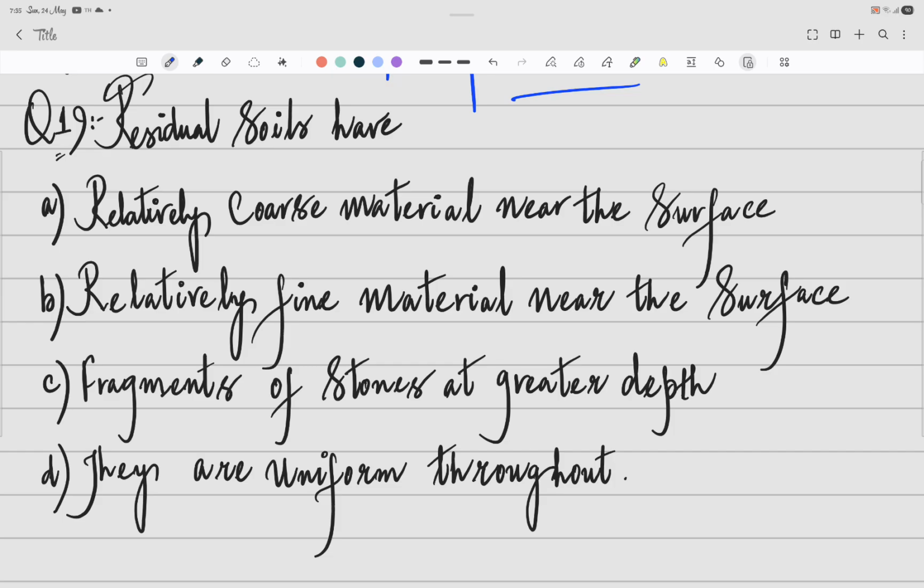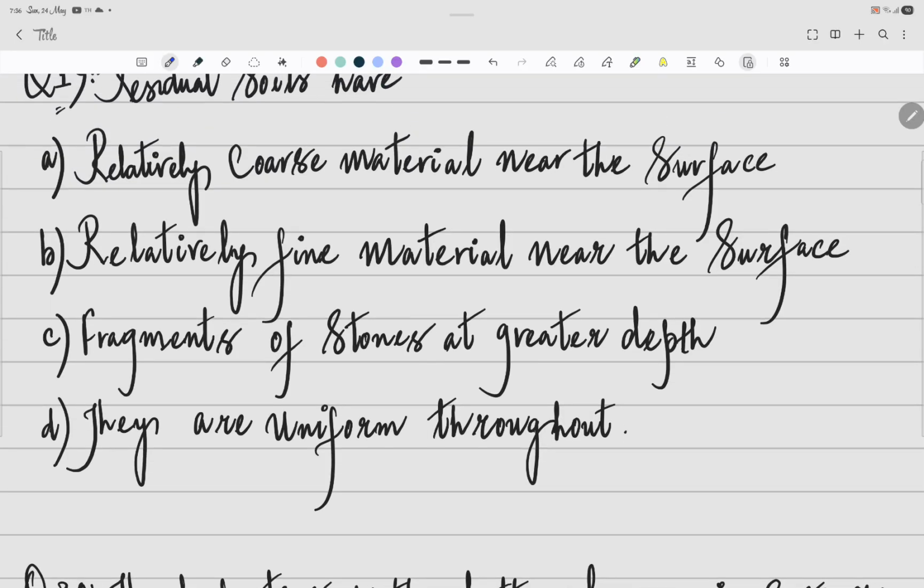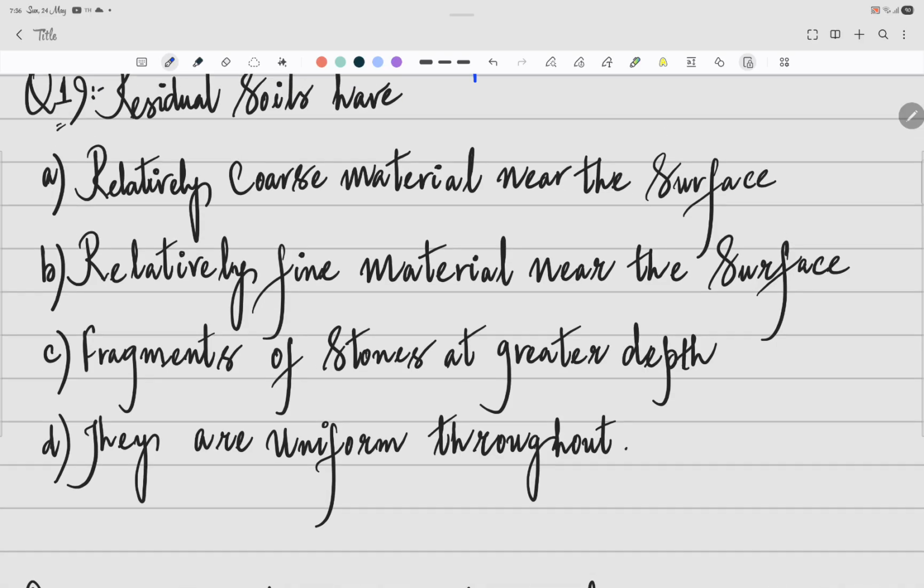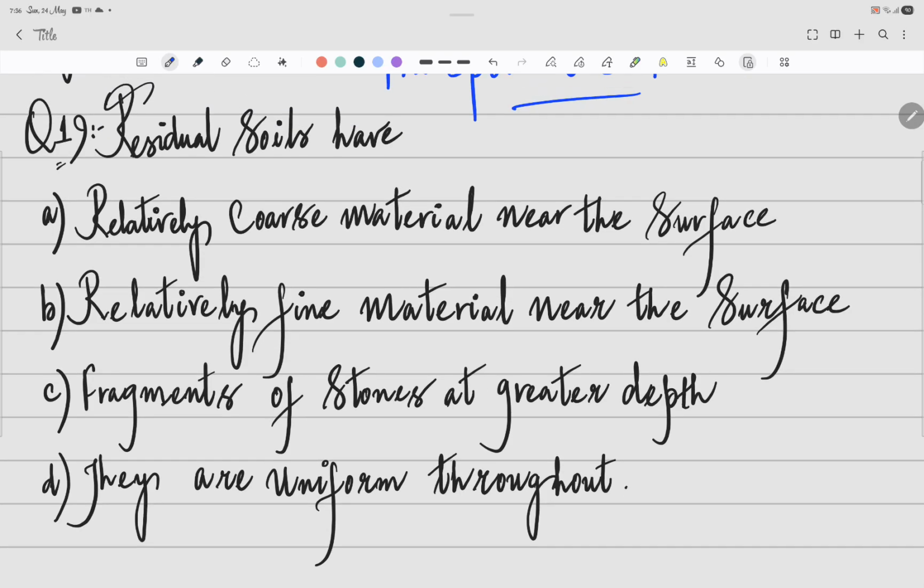Residual soils have relatively coarse material near the surface, relatively fine material near the surface, fragments of stones at greater depth, they are uniform throughout. We have to choose the correct answer. We know that the engineering properties of residual soils vary considerably from top layer to the bottom layer.